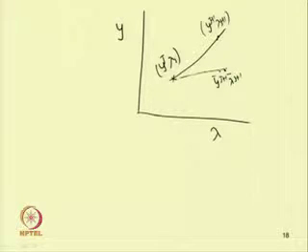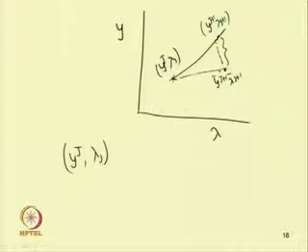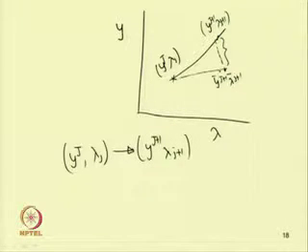After this predictor point we have to correct the solution. So this is the corrector part and this is the predictor part. In this continuation from y j, lambda j to the intermediate point y j plus 1, lambda j plus 1, lambda is the control parameter.